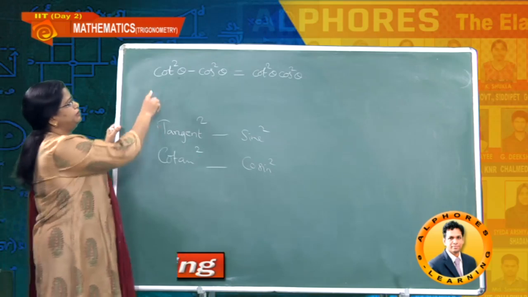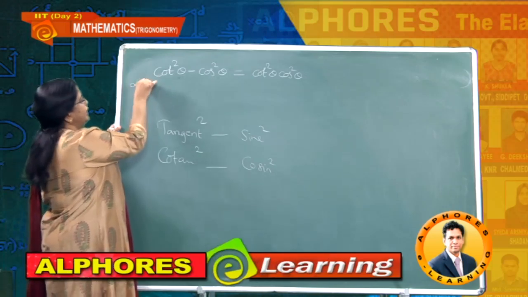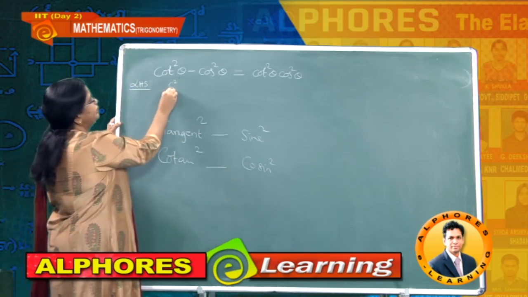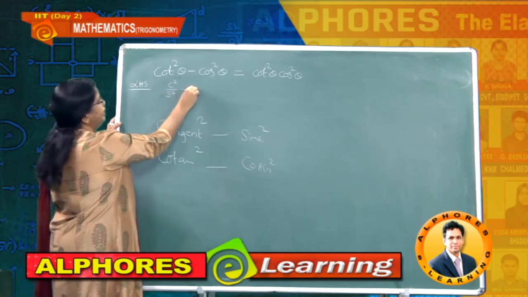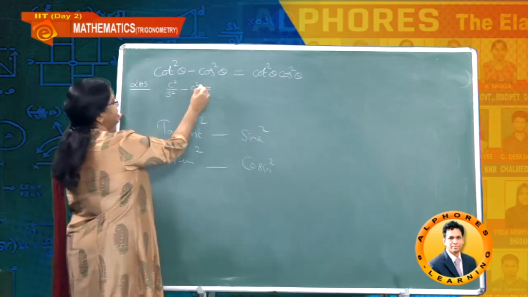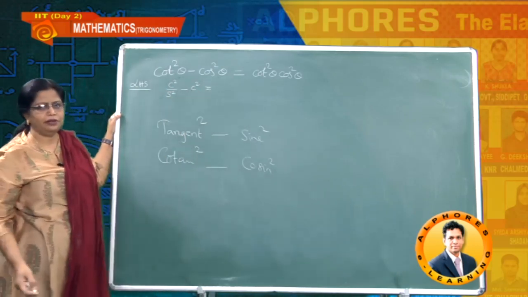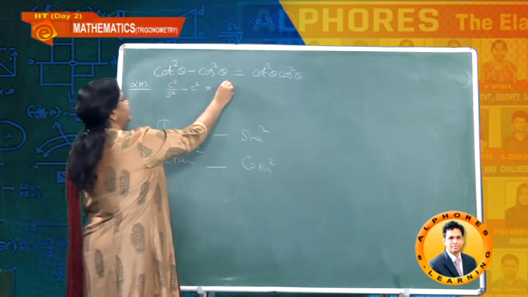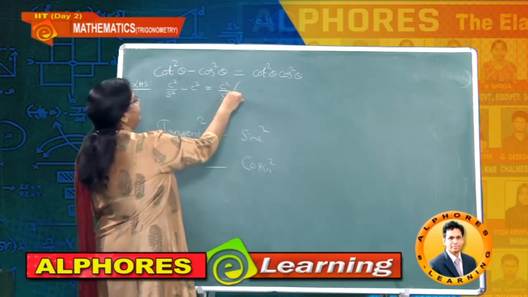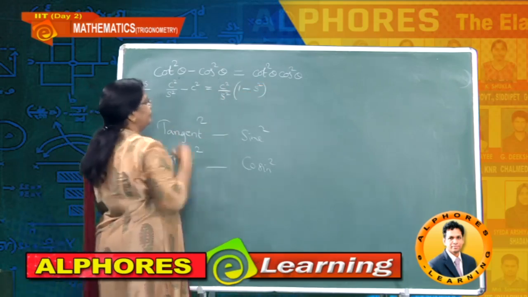Now if I write this one again and take the LHS, cot square theta means cos square theta divided by sine square, minus cos square. Now instead of taking cos square common, let us take cos square divided by sine square common. So you get 1 minus sine square.